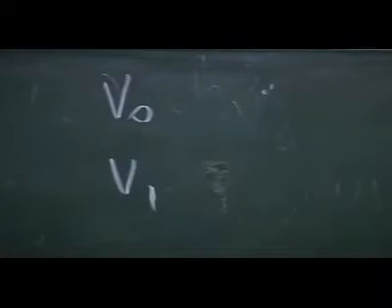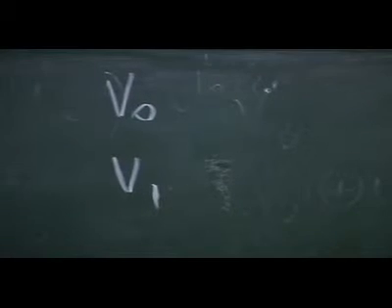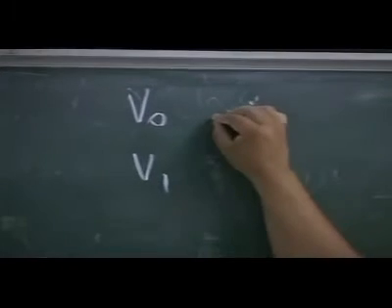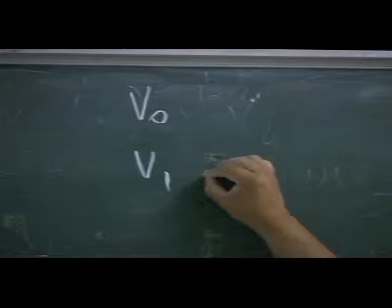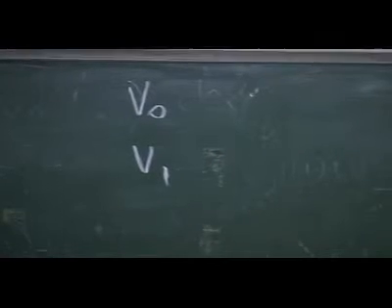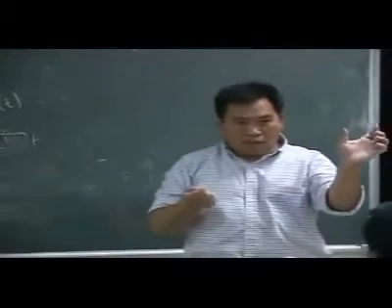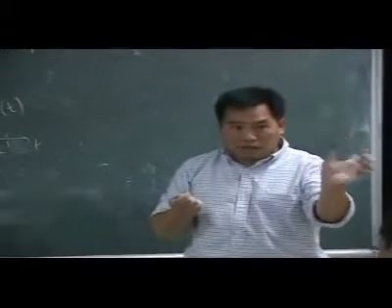Which space is bigger than the other space? I'm comparing the span of that space. Who thinks V0 is bigger? Who thinks V1 is bigger? V1 is bigger. The V1 space is a space that captures piecewise constant functions with half unit interval.